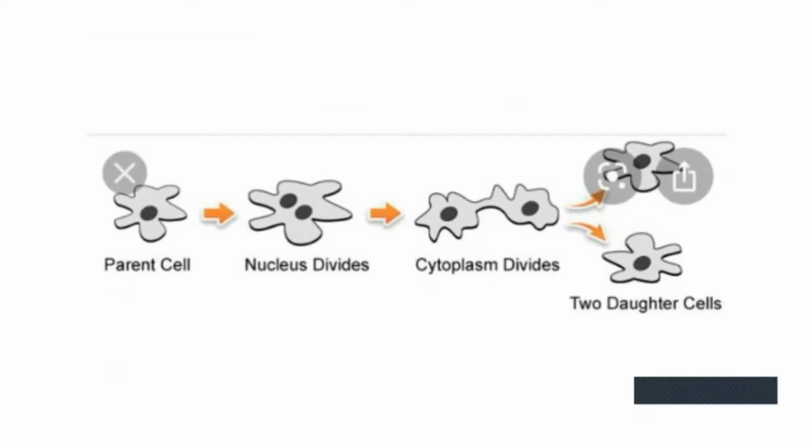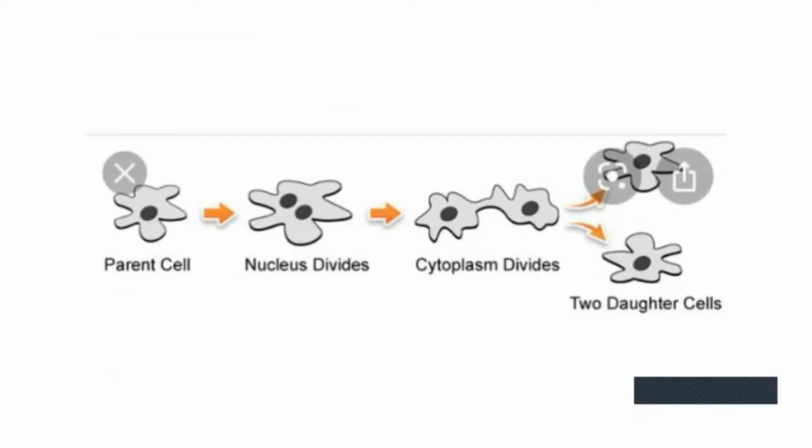You can see a single-celled amoeba having a single nucleus inside the cell. It undergoes karyokinesis, and you can see two nuclei inside the amoeba in the second step. And in the third step, the cytoplasm is getting divided, and you can see two daughter amoebae formed.